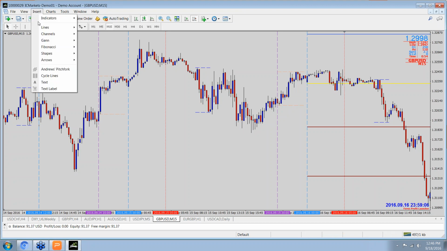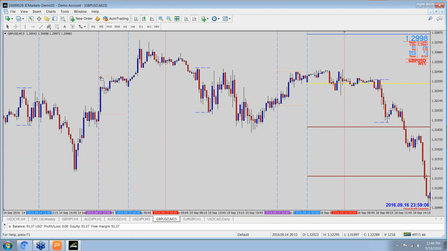So if we look here, let's insert some shapes to delineate this price. Boom. Okay, so we've got our central bank dealing range, right?